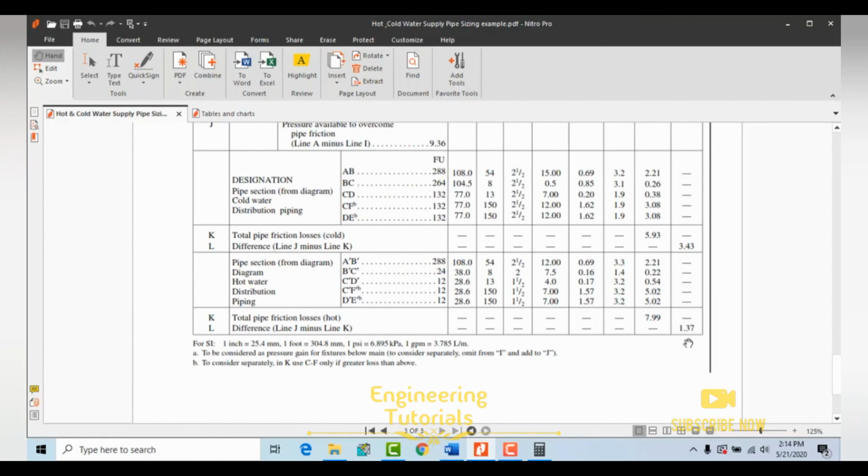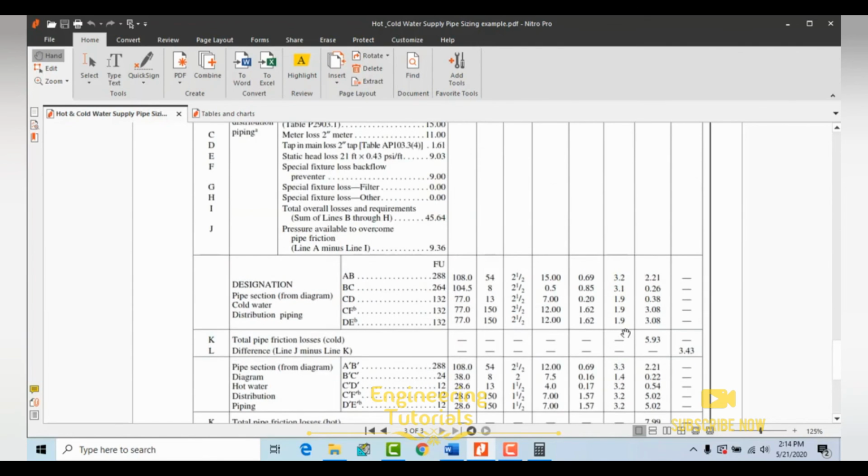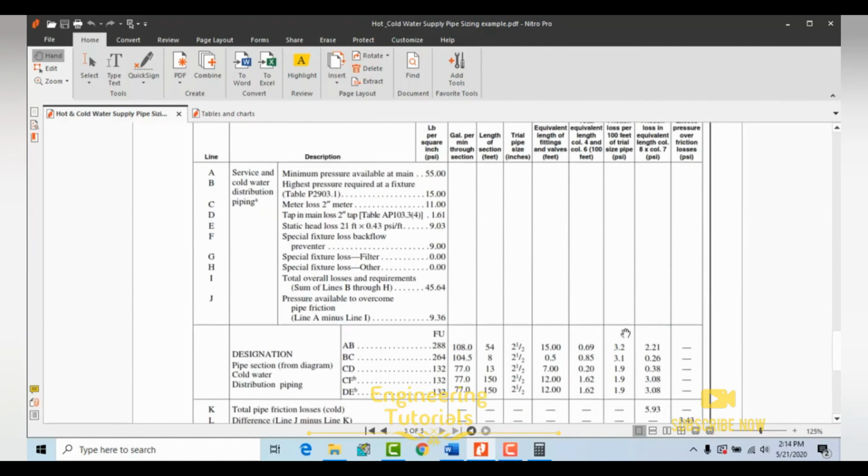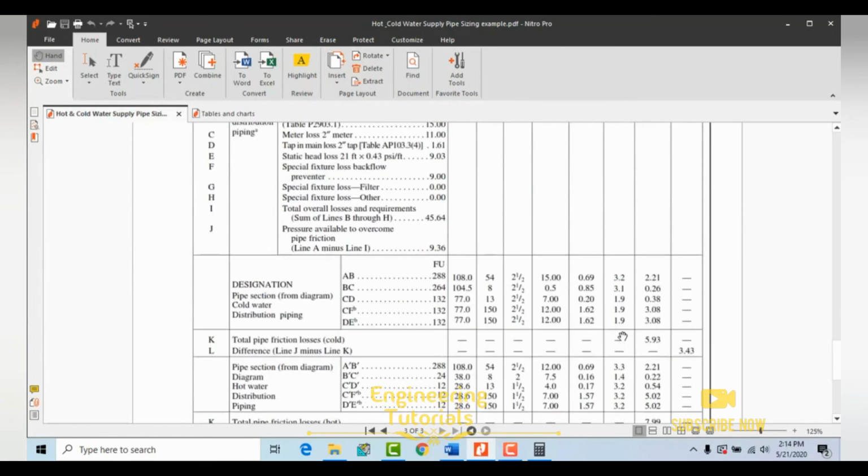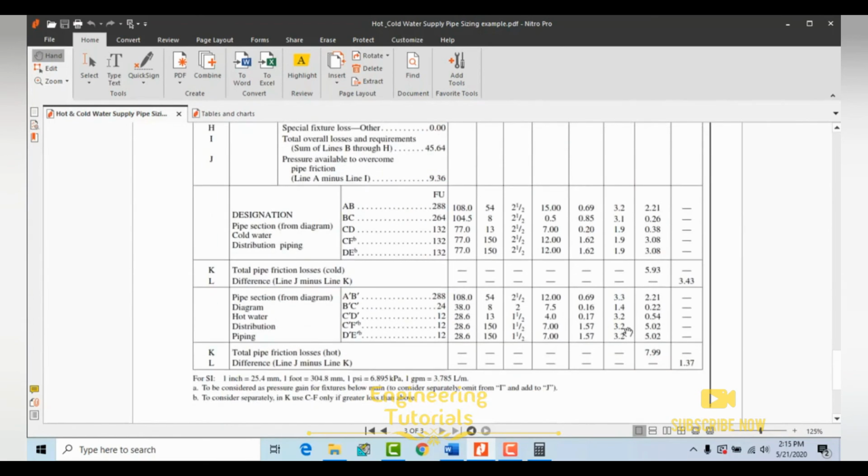This is also positive, so that means our selected diameters for the pipes are correct, that is 2.5 inches, 2 inches and 1.5 inches for hot water sizing. So this is how you have to do your water supply pipe sizing. This is as per the International Plumbing Code, IPC.